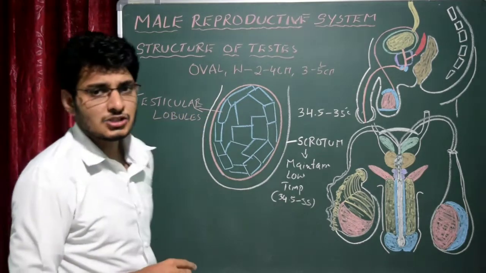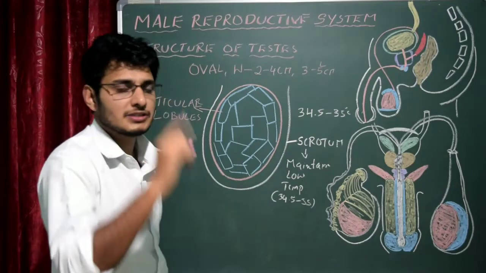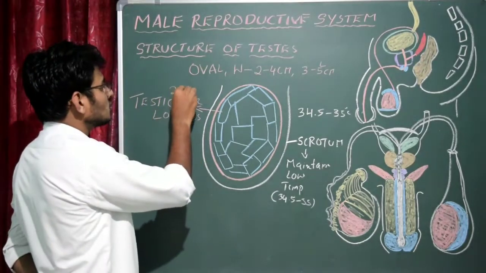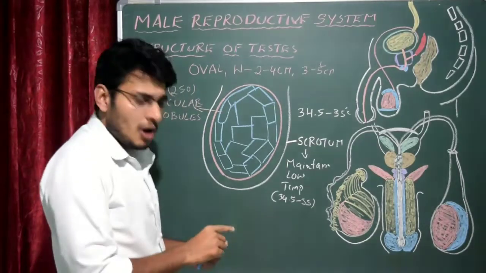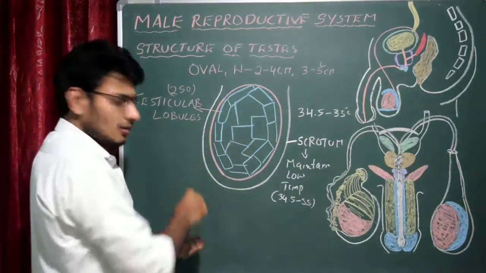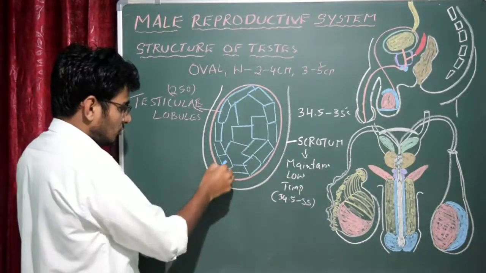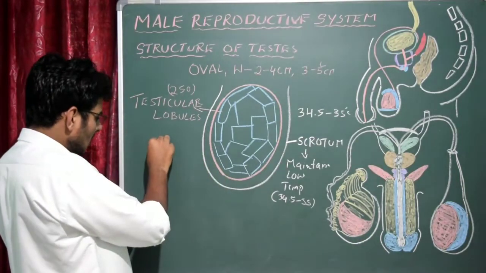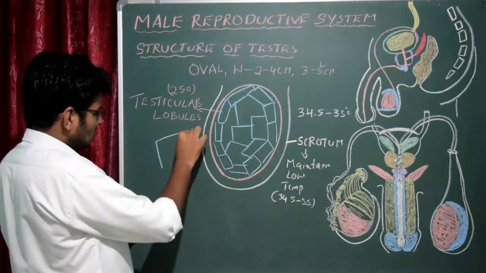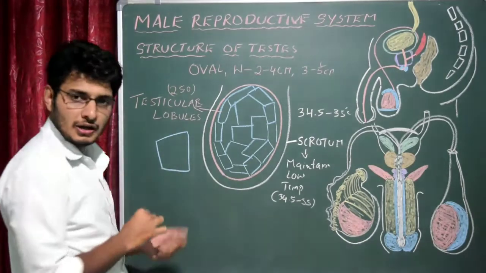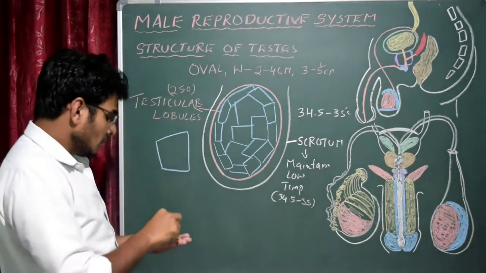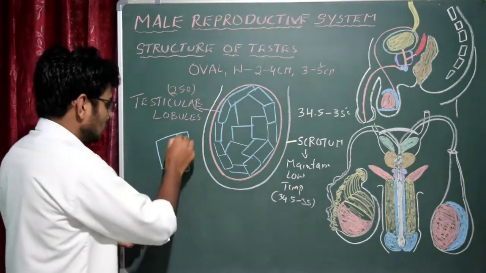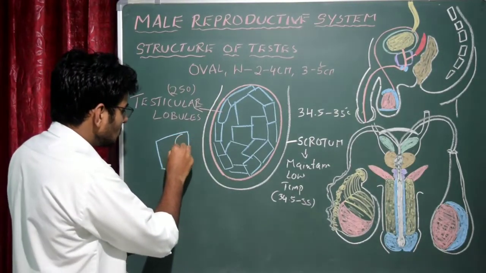So how many testicular lobules are present within one testis? Approximately 250 testicular lobules will be present. Now I am going to remove one testicular lobule outside. I have used blue color, so I am going to use the same blue color here. This is one testicular lobule. Now within each testicular lobule you could see certain structures, circular structures.